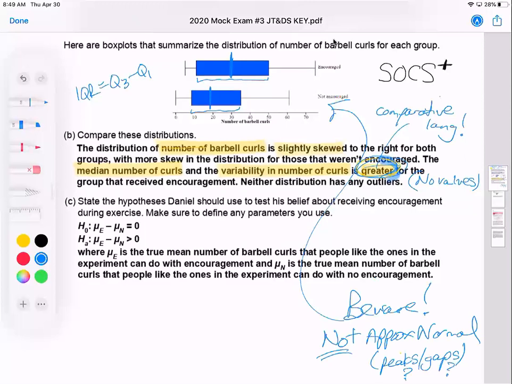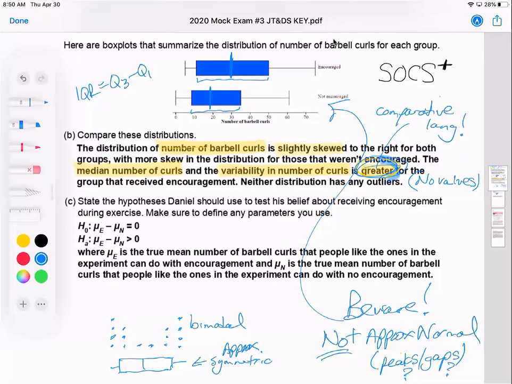You could very well have a shape that looks like this and get a box plot that looks roughly symmetric, but it's definitely not roughly normal based on the dot plot. This would be a bimodal dot plot, and all we can tell from the box plot is that it's approximately symmetric. So be careful not to call it approximately normal; the better term is approximately symmetric, because both the dot plot and the box plot are symmetric.